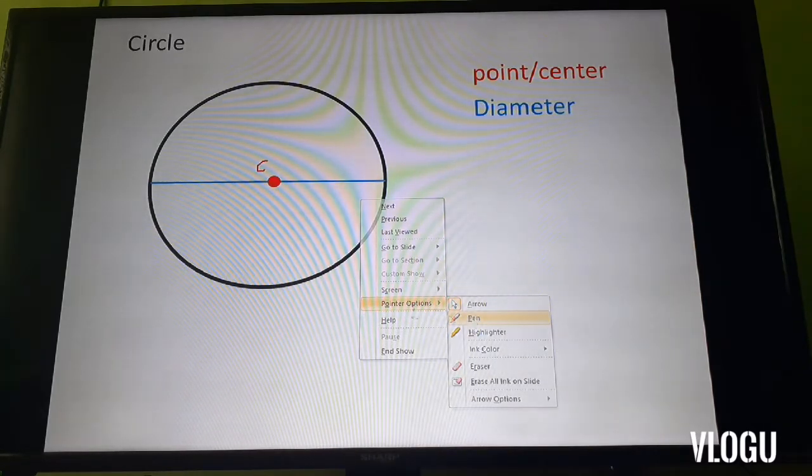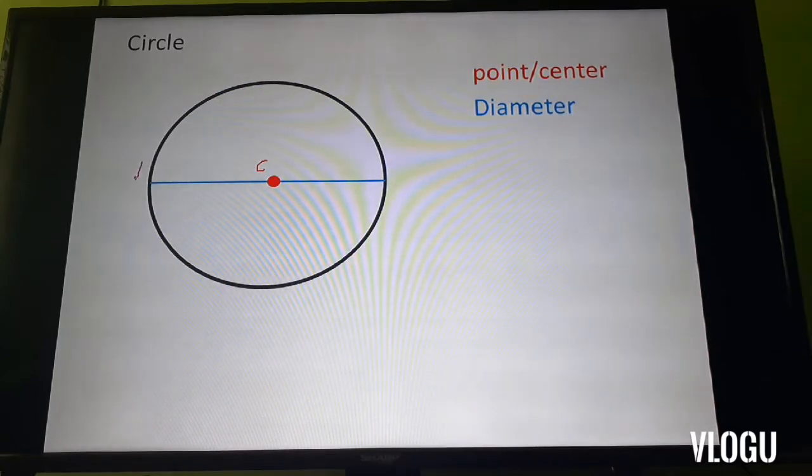We have one point on the circle, for instance, this is A, and this is point B. So my diameter now is diameter AB. The bar over the letters stands for the line segment. AB is our diameter.